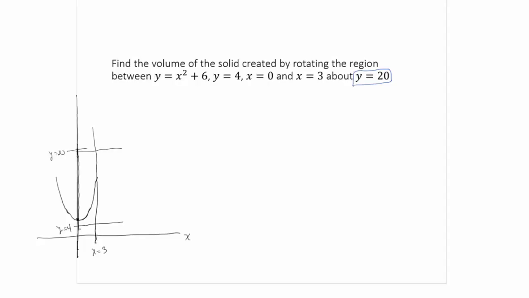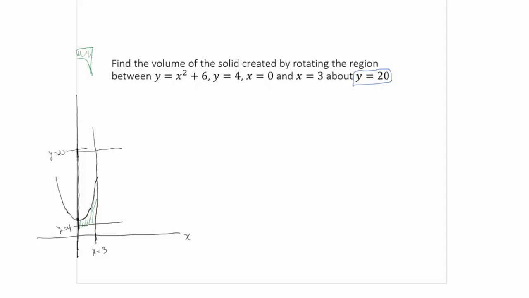And so what I'm talking about is this region right here. This is the region, and I'm rotating that about y equals 20. And so I'm going to end up with a shape that looks like this roughly on the other side.